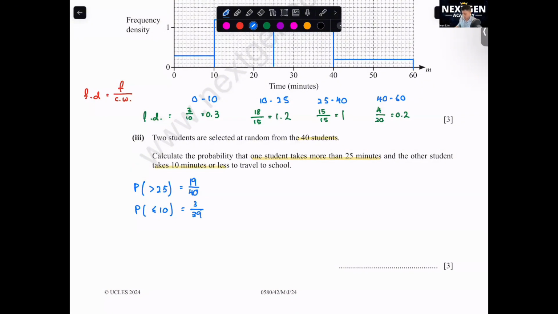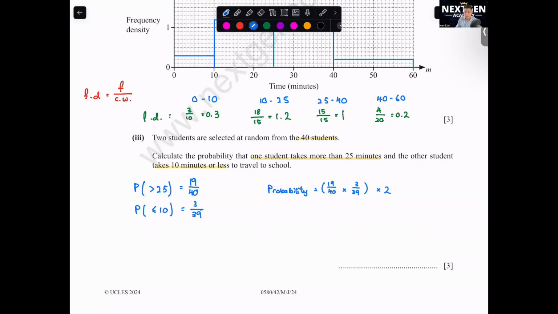We also need to consider that you can choose this first, then this, or this first, then this. How will the calculation be? Your probability will be 19 over 40 times 3 over 39.